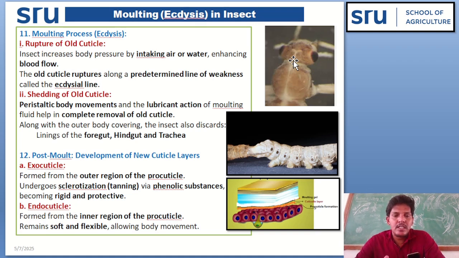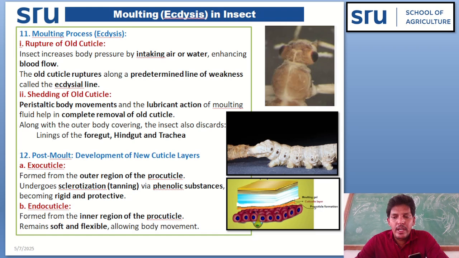This pressure ruptures the old cuticle along the predetermined line of weakness called the axial line. It is there in the head region. Shedding the old cuticle, peristaltic movement and the lubrication action of molting fluid help in complete removal of this old cuticle.